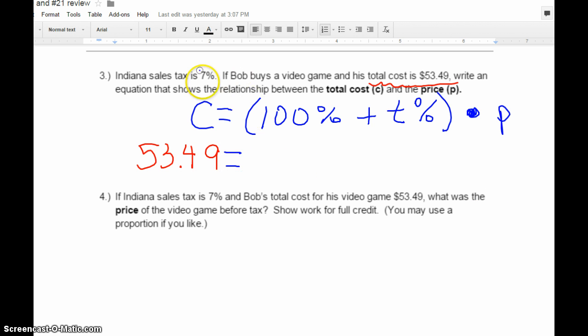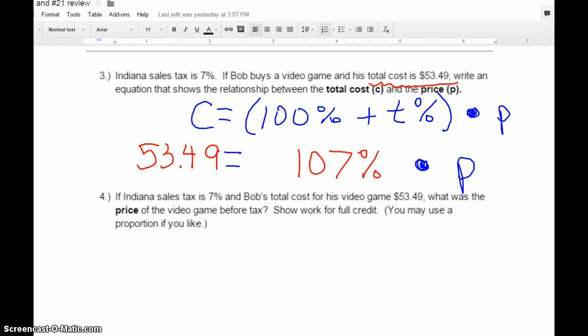I know the tax is 7%, so I can replace T with 7%, and I'm just going to add them to save time. 100% plus 7% is 107%. The price stays the same. The original price is the part we don't know.